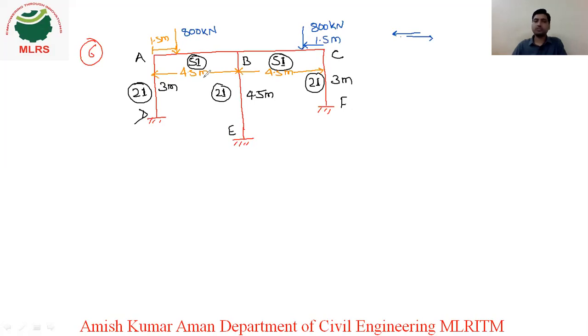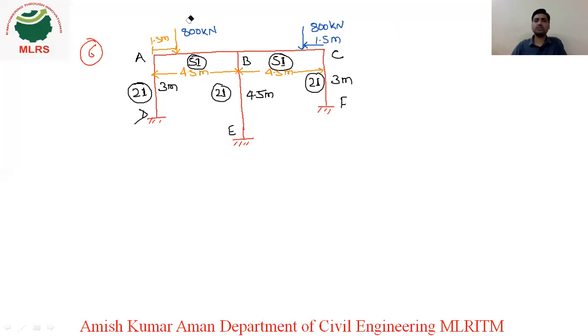So from these observations we conclude that this is a non-sway frame. And one more important thing, there is no horizontal force here. If there is no horizontal force, it will not displace the frame in horizontal direction. So we will start our solution now.